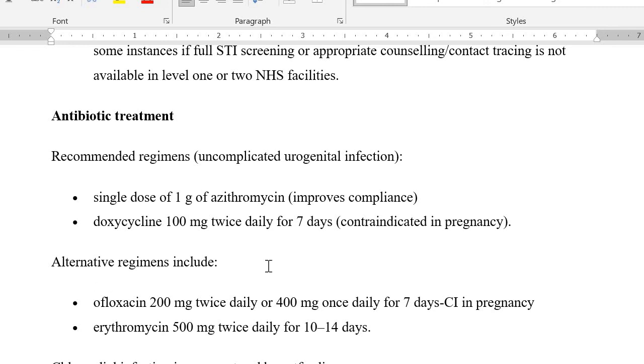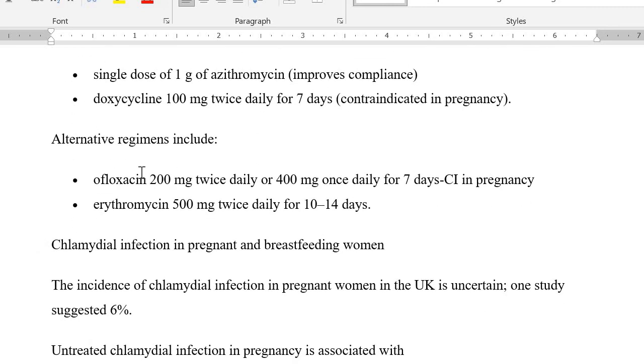The alternative regimen includes ofloxacin 200 milligrams twice daily or 500 mg once daily for 7 days. This is contraindicated in pregnancy. Erythromycin can be given, 500 milligrams twice daily for 10 to 14 days.